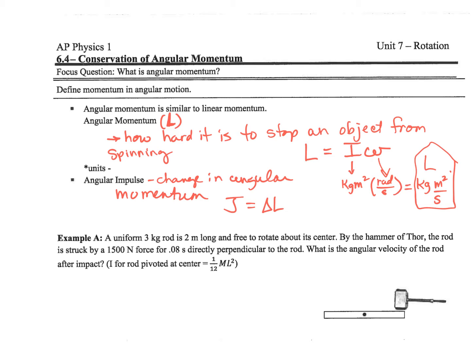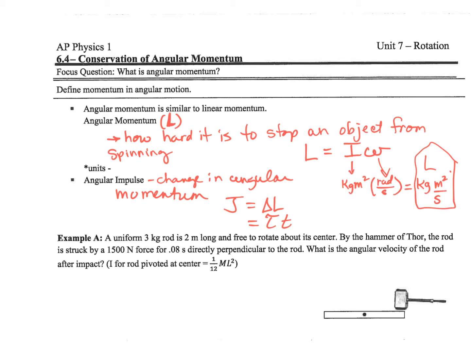Okay? Now, it is also equal to torque times time. Do you know why it's equal to torque? Can we have a change in rotation without a torque acting on something? I want you to think about that.